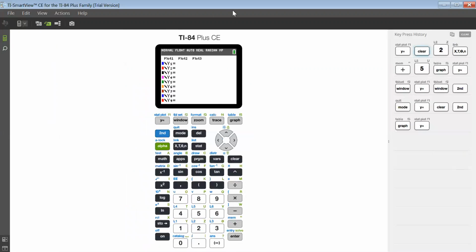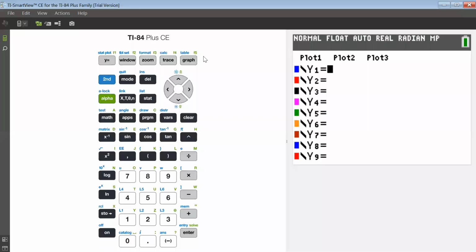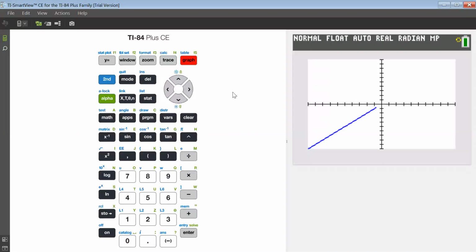Once you go to the calculator and you type y equals x and you graph, what you see is an equation that goes through the origin that has a slope of 1 to 1. So for every 1 x, you increase 1 y, 1 x, 1 y. It's a stair step. And that would be your parent function.